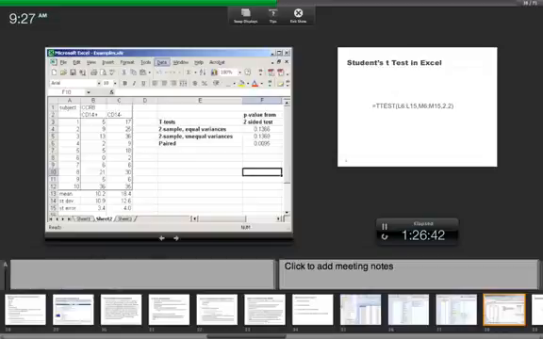So within the Excel spreadsheet, you can do the t-test. To do the t-test, all you need to learn is the formula command for the t-test.